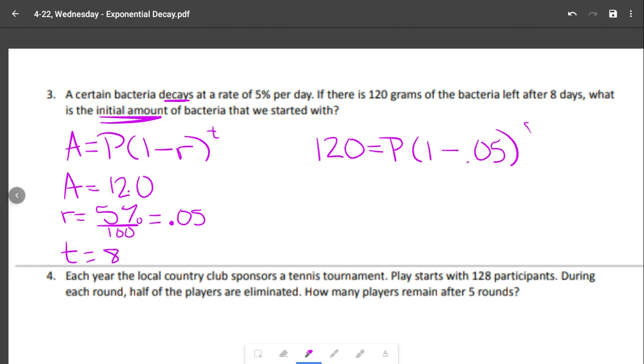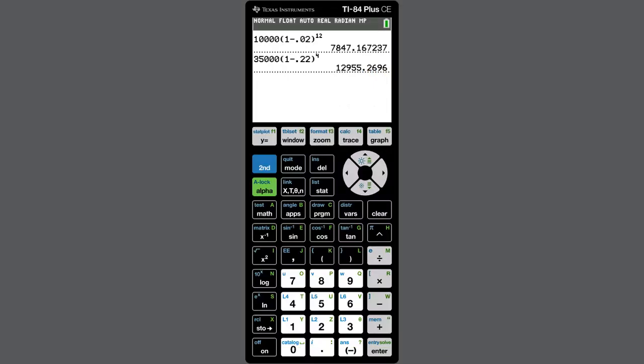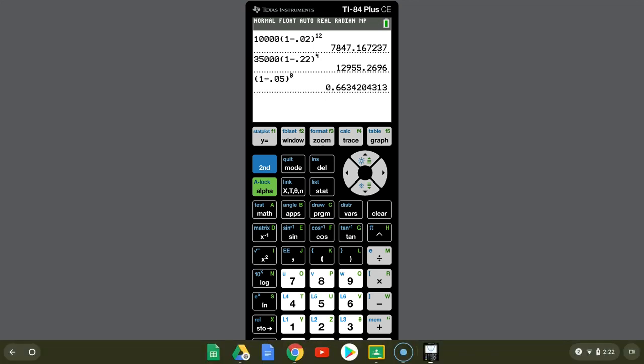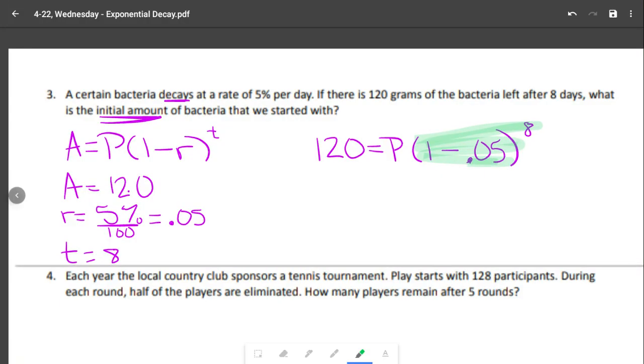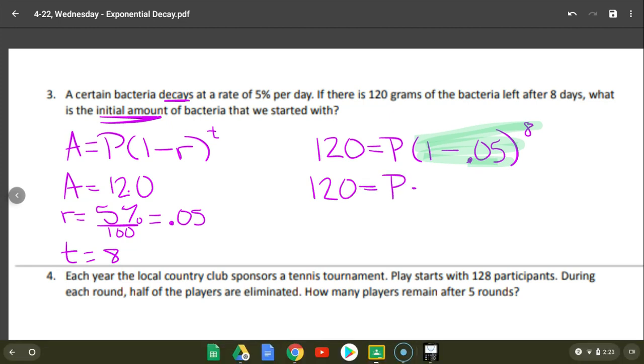We solved similar problems with our exponential growth. You're going to plug the parenthesis into your calculator. 1 minus 0.05 to the 8th. We're going to use that entire decimal. And this decimal is multiplying with P right now.